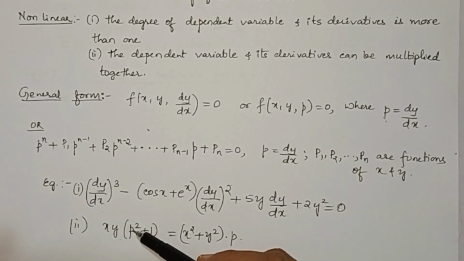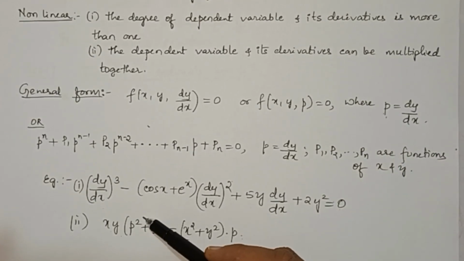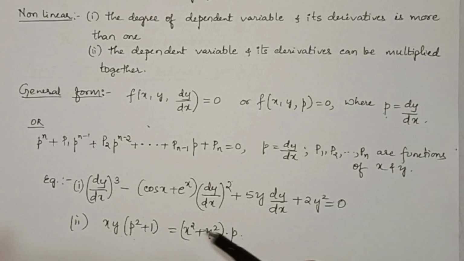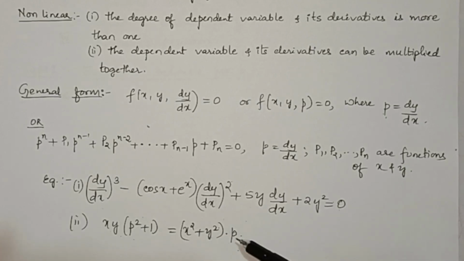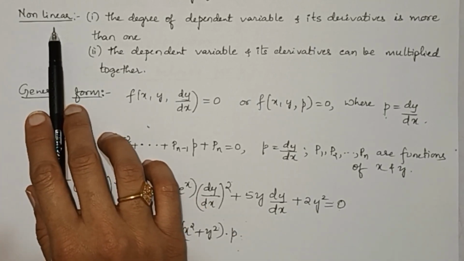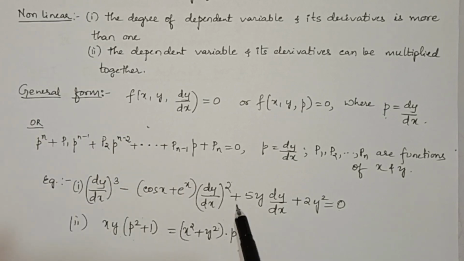You have to check the power of p, that is more than 1, therefore it is nonlinear. And look here, the dependent variable and its derivative are multiplied together. Y square into dy by dx you have here. And moreover, the power of the dependent variable is 2. That is also more than 1. All of that contributes to the nonlinearity. Therefore, these are examples of first order nonlinear differential equations.